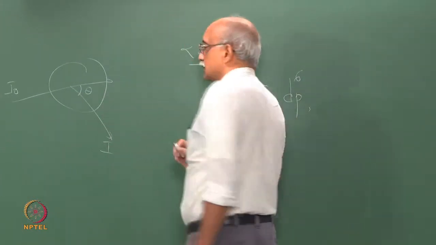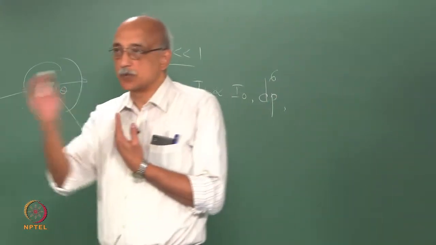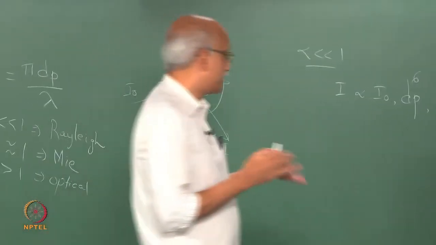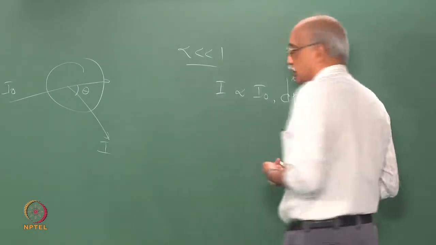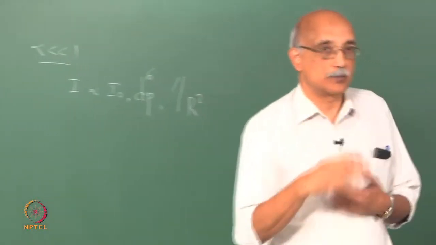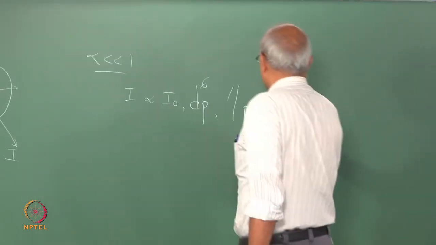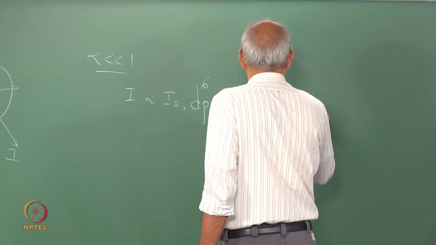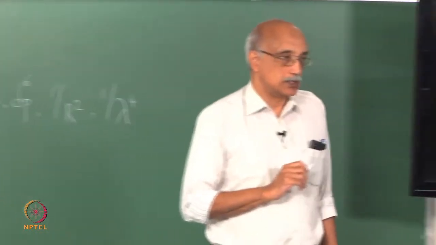It depends on the distance between the source of the light to the particle that's being observed, and that dependence, like most force laws, goes as 1 over r squared, where r is the distance of separation from the light source to the particle that's being irradiated, and it also goes as 1 over lambda to the power 4, where lambda is the wavelength.